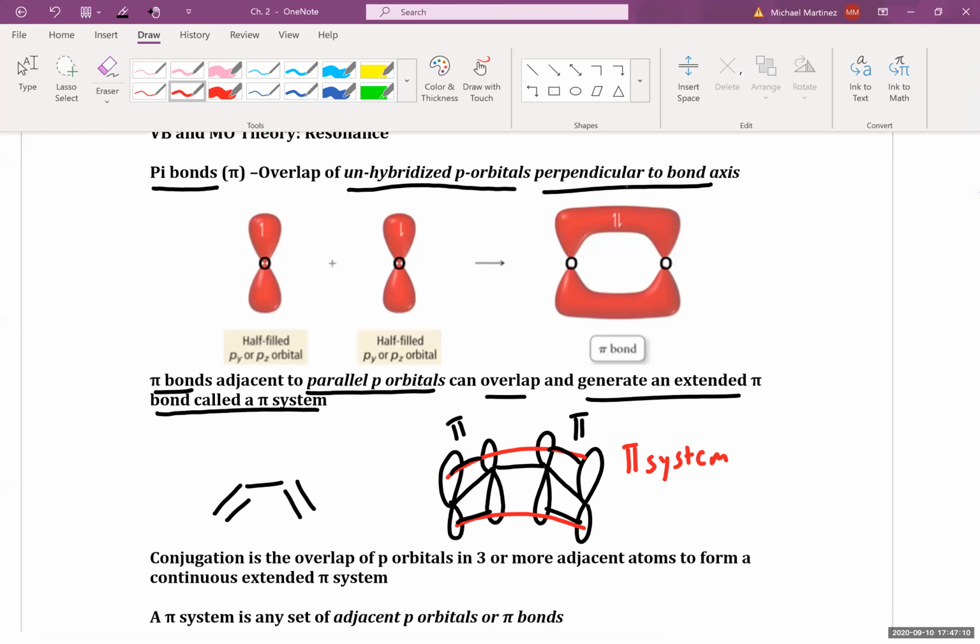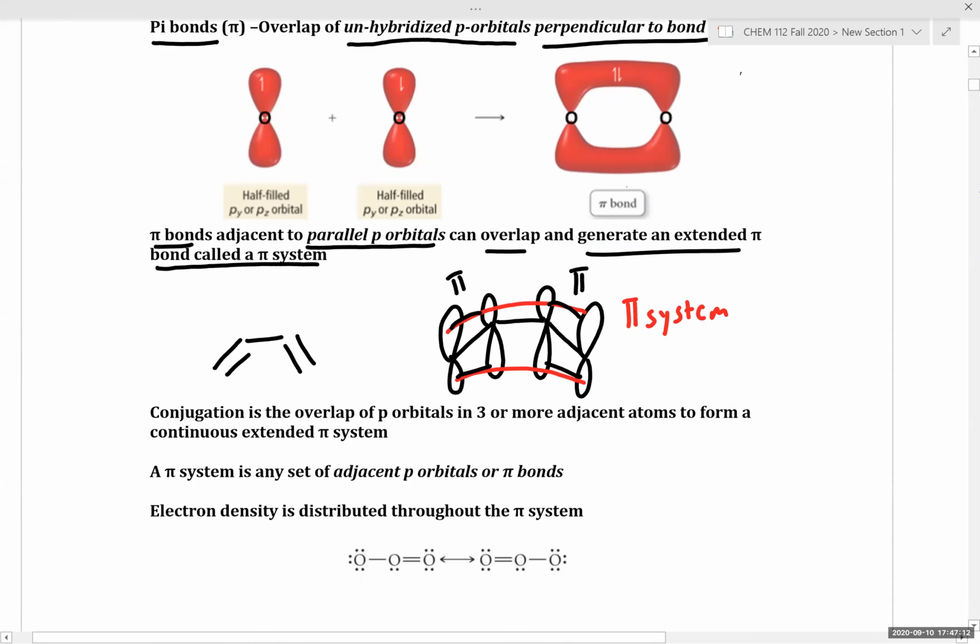We define conjugation as the overlap of p orbitals in 3 or more adjacent atoms to form a continuous extended pi system, where a pi system is any set of adjacent p orbitals or pi bonds.